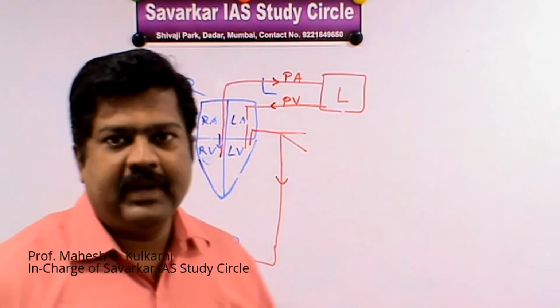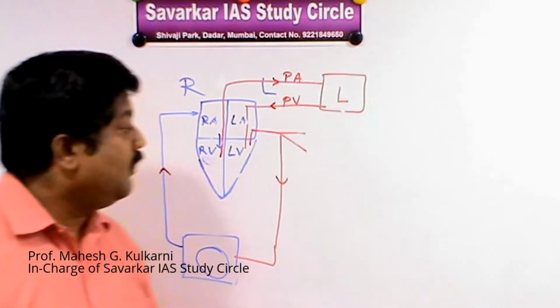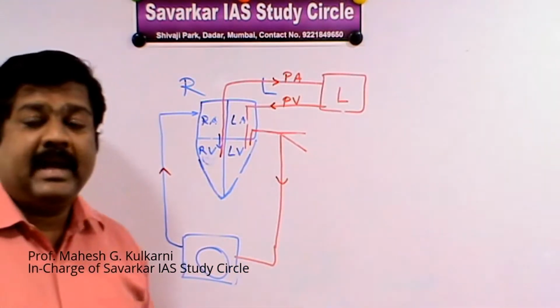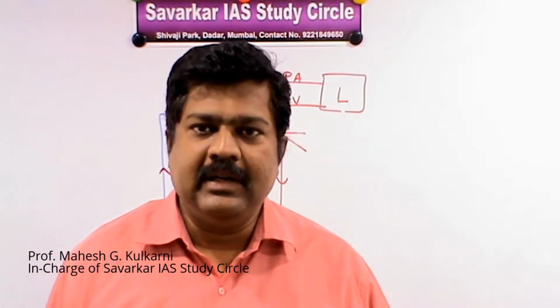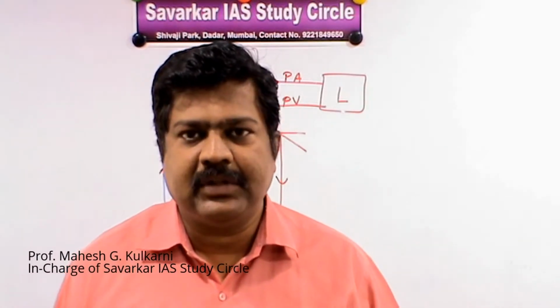So mixing of blood is possible here, and as a result, deoxygenated blood is also circulated in the body, and that's why some diseases are problematic here. So they are actually inborn diseases. Out of that, this valve is having a problem. Sometimes valves malfunction, and that is another problem, where blood flows in the reverse direction.